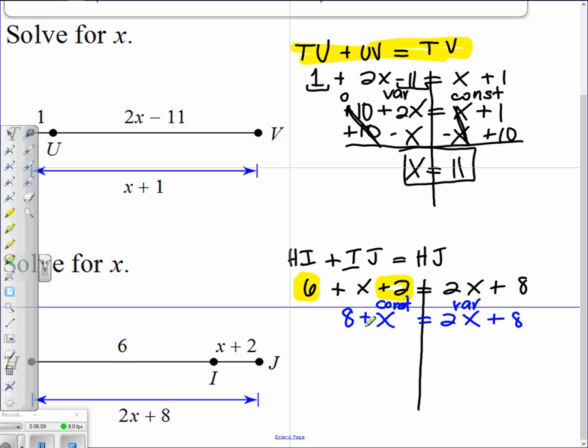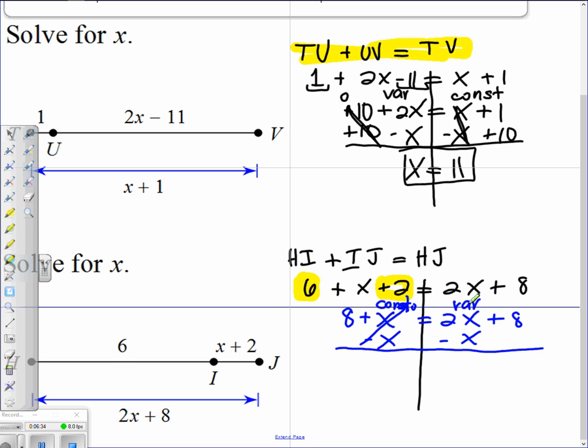Are these two numbers only? No, x is not a number only. Get rid of it. The opposite of plus x is negative x. What you do to one side, you must do to the other side. These are opposites, so they give you 0 or nothing. They cancel. Now, constant means numbers only. That is a number only.